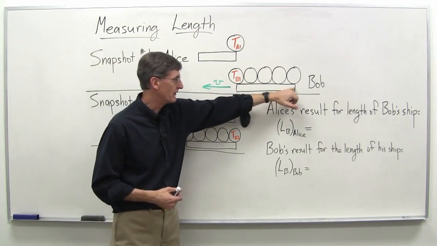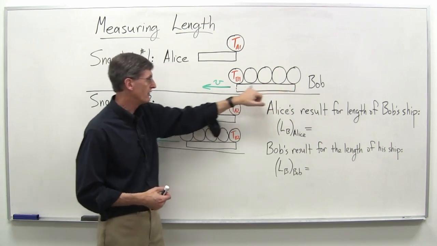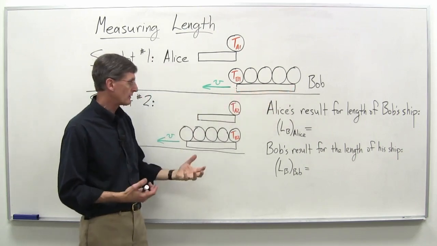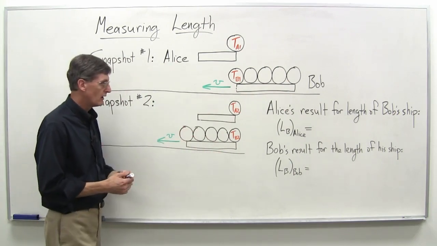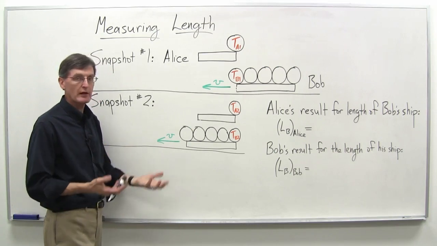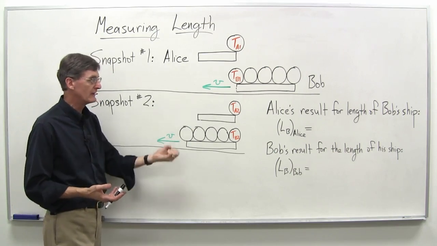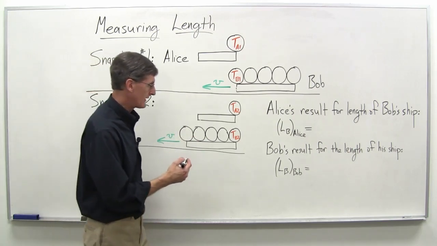And so that will be the length of his ship: start the clock here, wait until you see the end of the ship go by, stop the clock, as we did in our second snapshot, TA2. It's very simply, you take the velocity of the ship and multiply by the elapsed time between the time that you see the front of the ship and the back end of the ship.